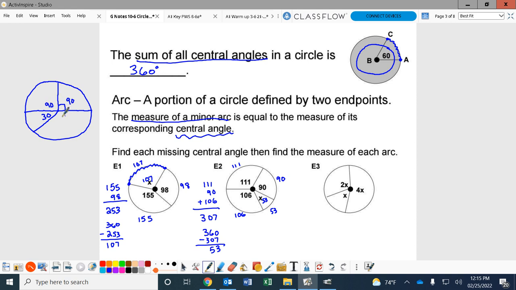And then I can find this one down here because every straight line adds up to 180. So if I take 180 and subtract this 30, how much is that going to leave for this other one? 150. There you go. There's also one more thing. Again, you don't have to draw this, but I'm putting it on here so you can see it. Guys, there's also the concept of if two diameters crossed each other.